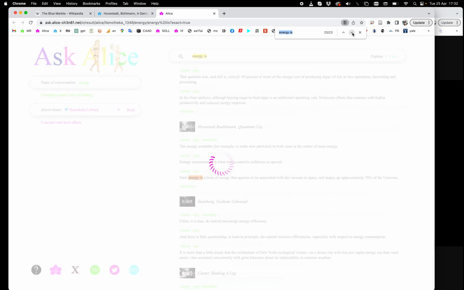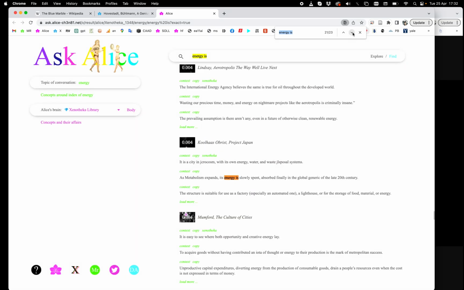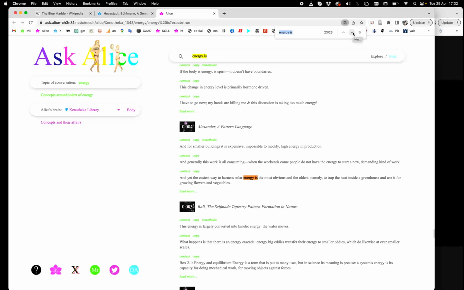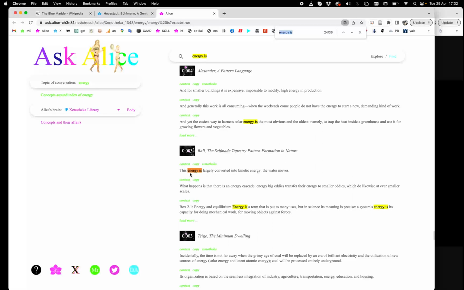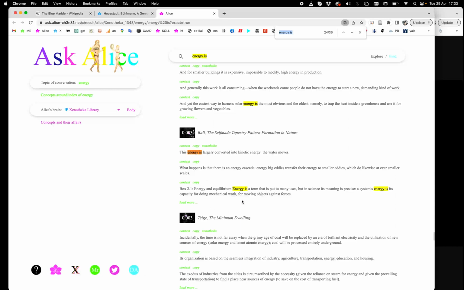Energy is impossible. Dark energy is a form of energy. Energy is slowly spent in metabolism. Wind energy is the world's fastest growing source of energy. Energy is the most obvious and oldest solar energy. This energy is converted to kinetic energy, equilibrium. So these are all the topics that we talk about today, mechanical work and energy.